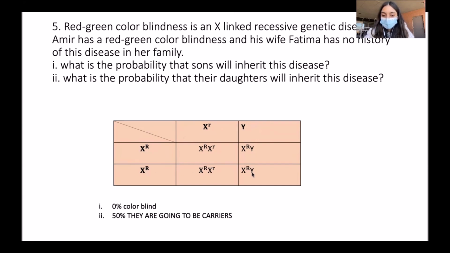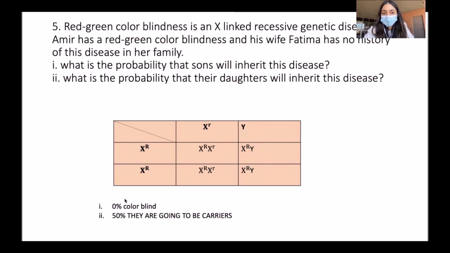So we're going to see the probability that their sons inherit the disease. We're going to look at the ones that are male, and we're going to see they're both homozygous dominant. So they're both not going to be carrying, not going to be colorblind. And we're going to say they're 0% colorblind.